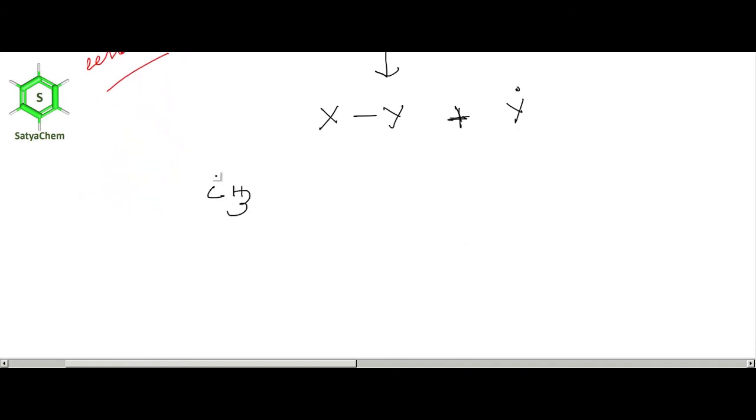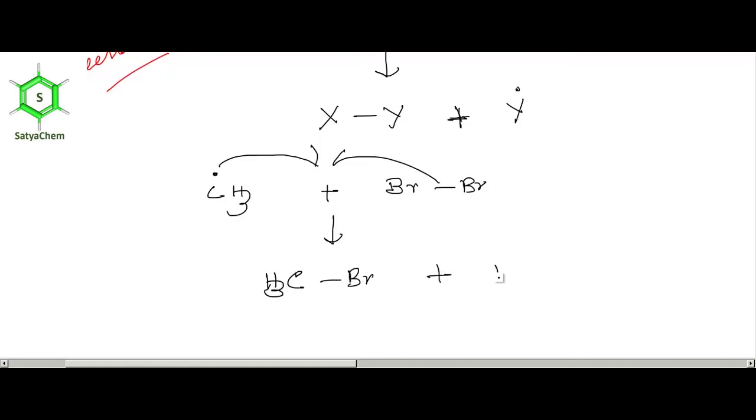Suppose it is CH3 dot, the methyl free radical. I will explain carbocation chemistry and carbon free radical chemistry in detail in a later class. And this is the Br2 bromine molecule. One electron comes from the Br-Br single bond, and another electron comes from CH3 dot. Then we'll get CH3Br, methyl bromide, and a bromine free radical.